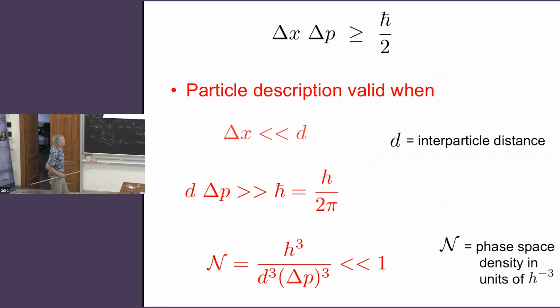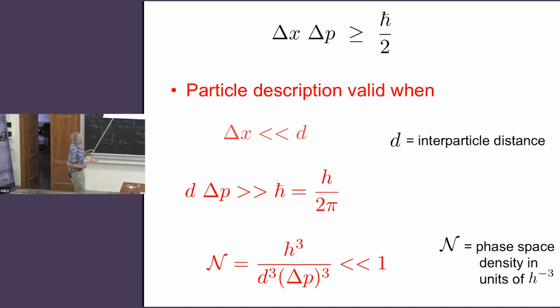Now, just when do you believe one description or the other? What is the criterion? Well, here's a rule, of course, that we know. The dispersion in space times the dispersion in momentum must be bigger than h bar over 2.